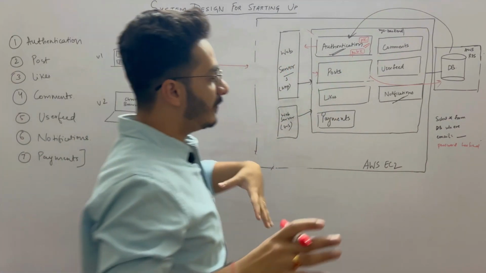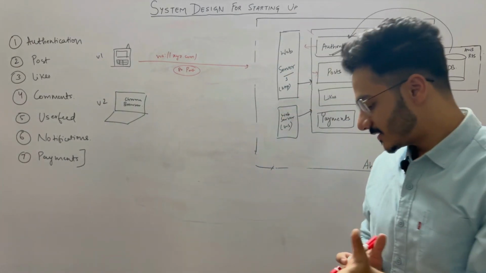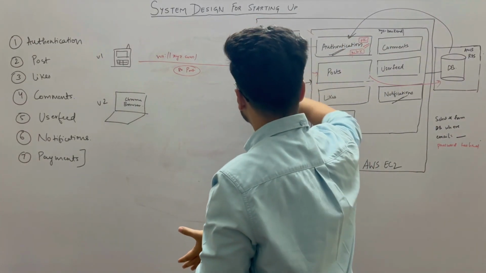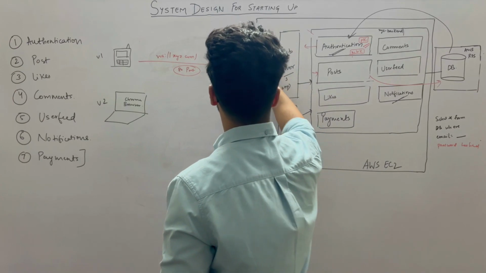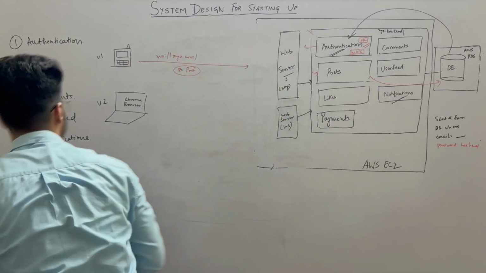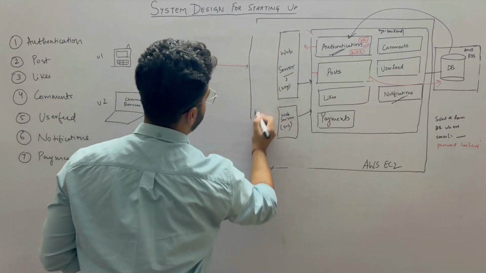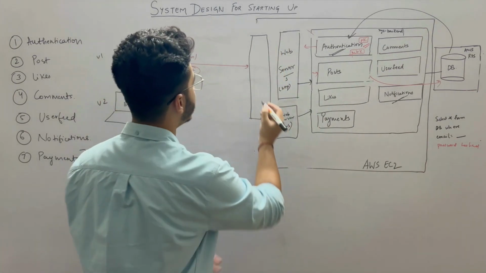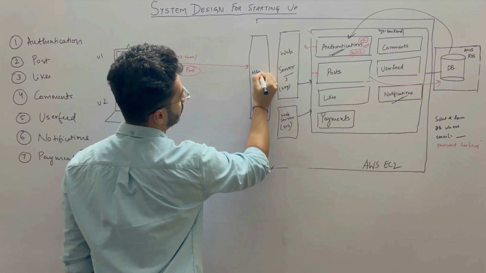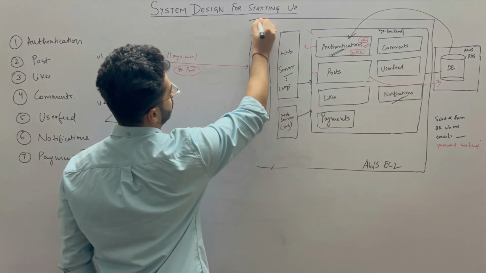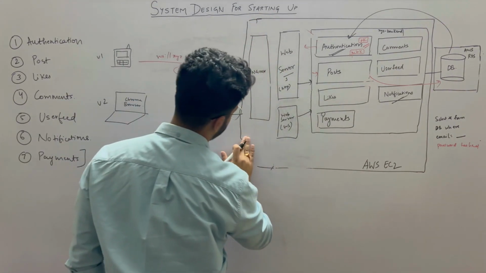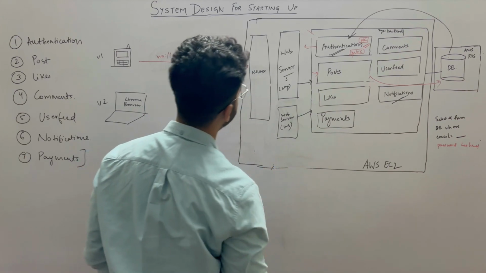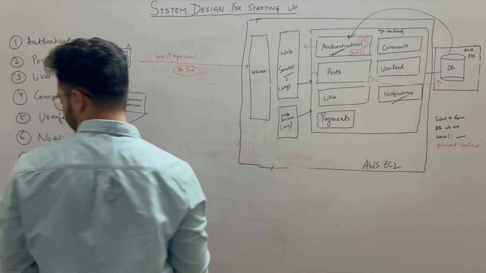So now you will have to add one extra thing that is called a reverse proxy. So now we will add one more module, which is called a reverse proxy, and here for this example we are using Nginx. Okay, Nginx we will use here, which will act as a reverse proxy.